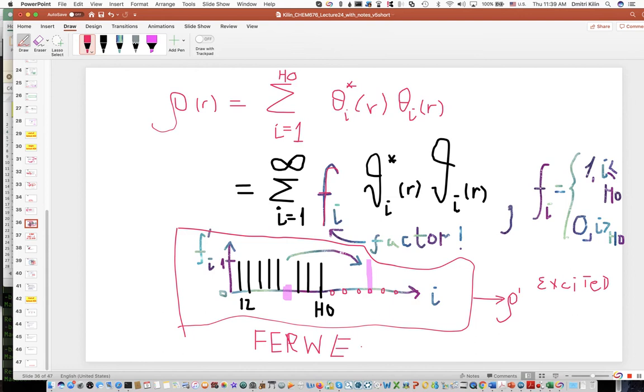And then one writes 1, 1, 1, as many 1s as there are occupied orbitals, and then 0, 0, 0 as many as there are unoccupied orbitals. But if one wants to describe an excited state, one may replace one value in the occupied domain and one in the unoccupied.